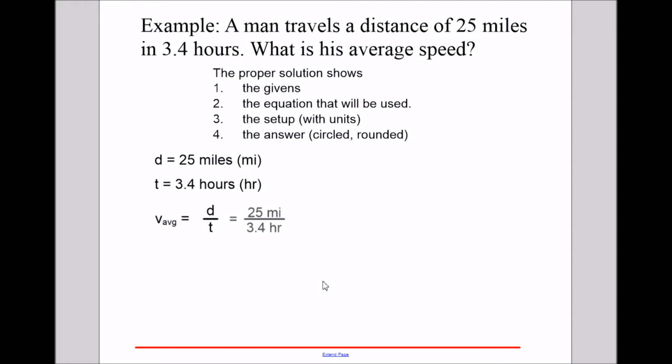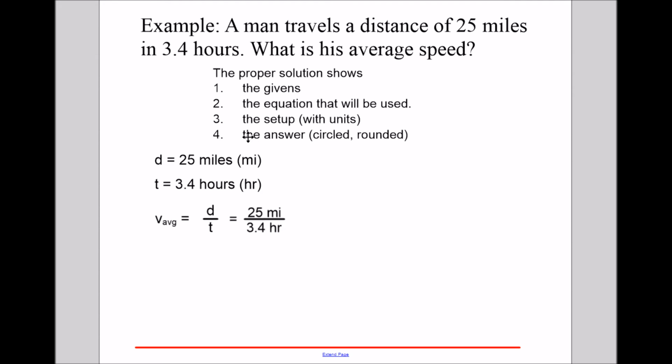Now this third step, which is the setup, looks like this. I basically have substituted the givens into the equation that I'm going to use in the right places, and I've included the units. This is really an important step and one that people often leave out. This is one way that you're going to be able to check your problem as you're doing it to make sure that it's going to work out right.